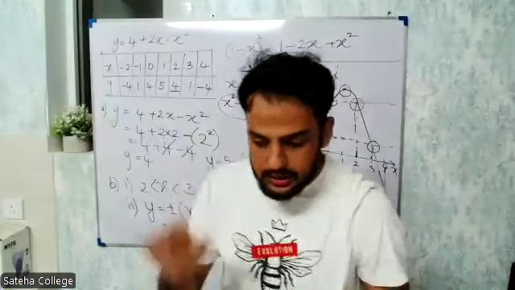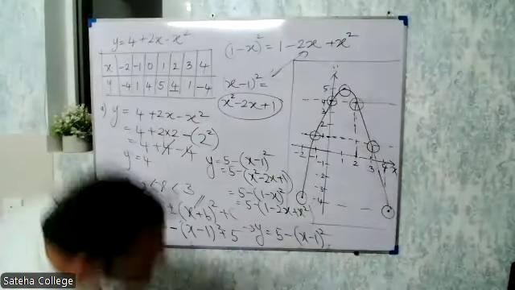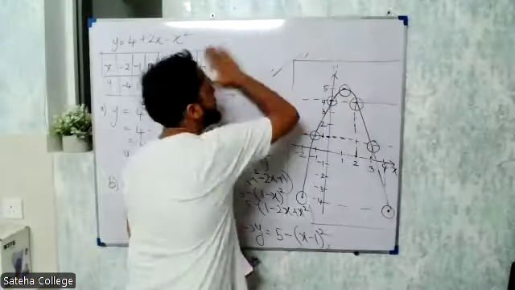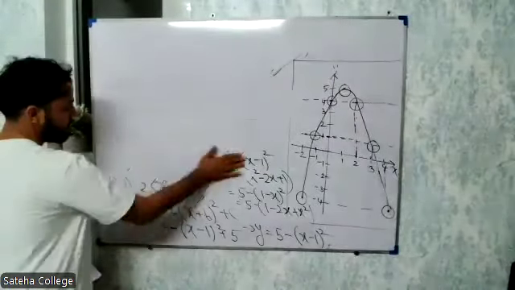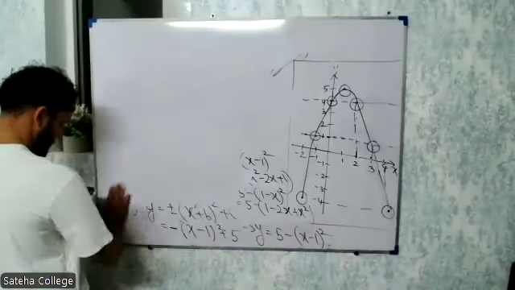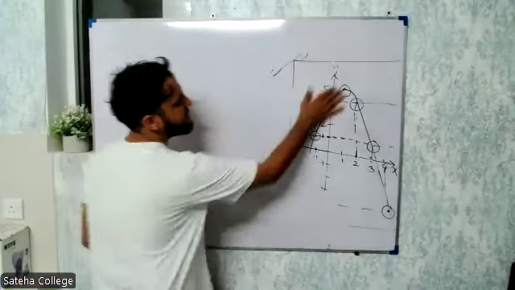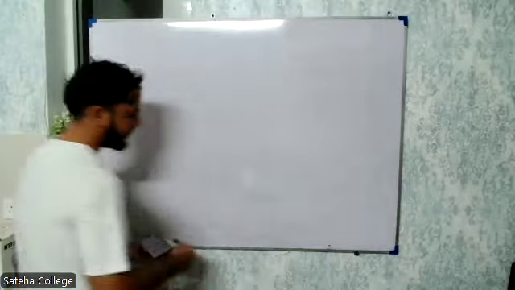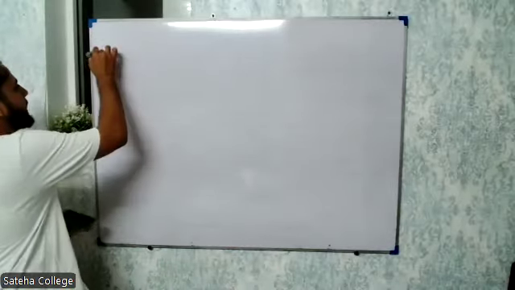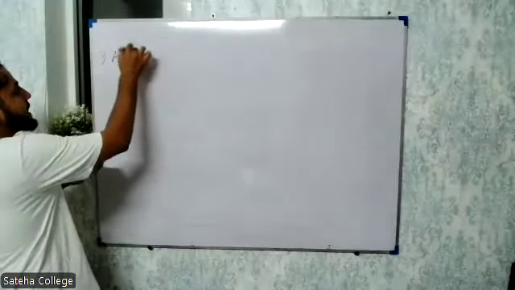First of all, on the graph, you have a point A. Can someone unmute and tell me? These questions are easy. What is the coordinate of point A? -1, 5. First give the x value, then give the y value.